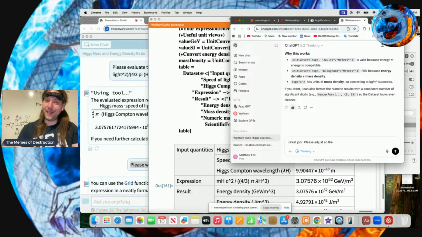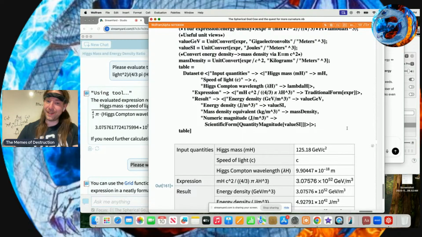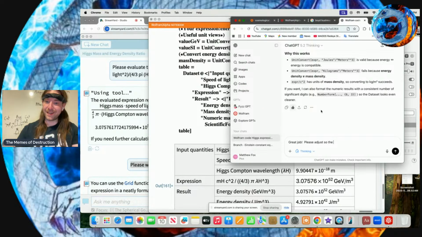So the speed of light c displays in meters per second. Meters divided by seconds. All right.